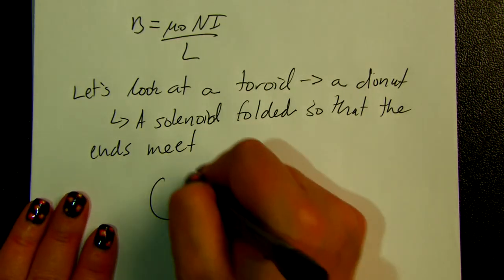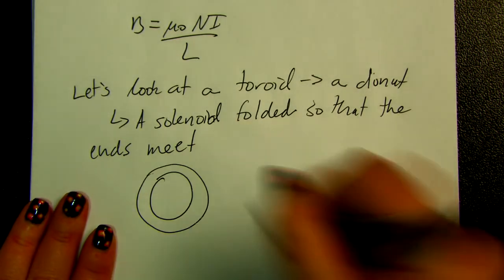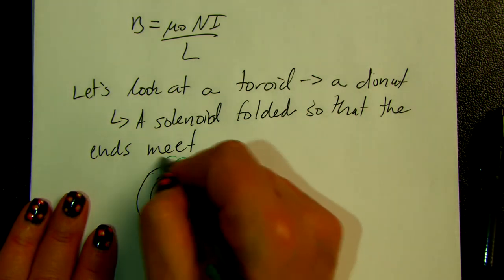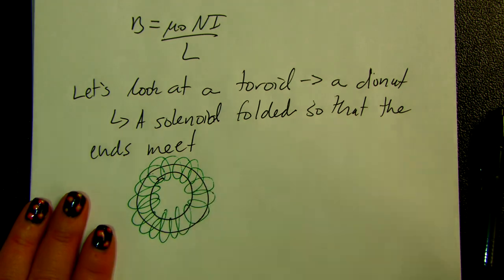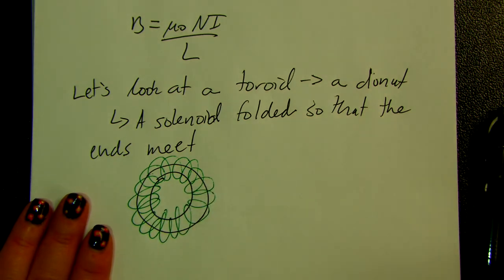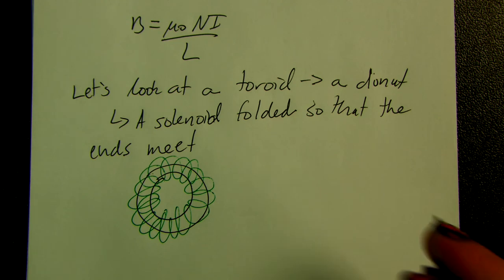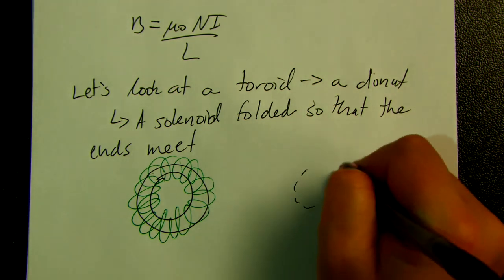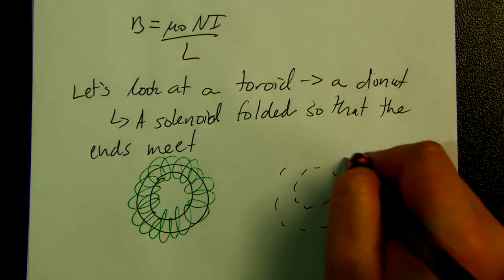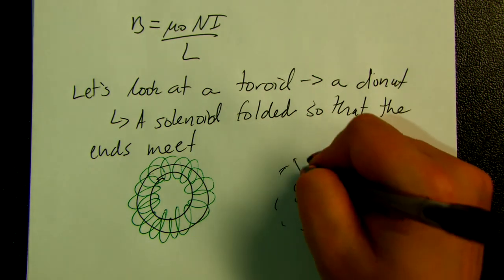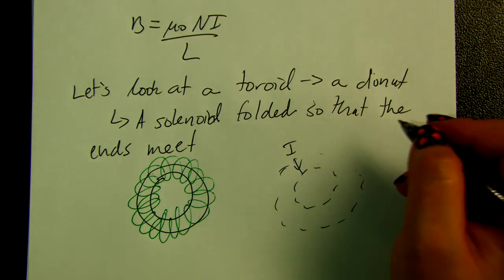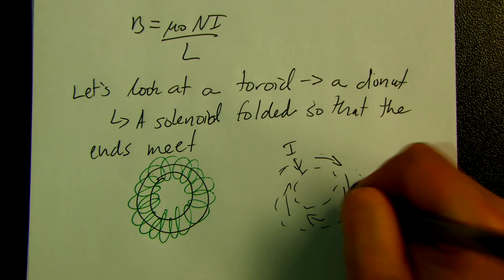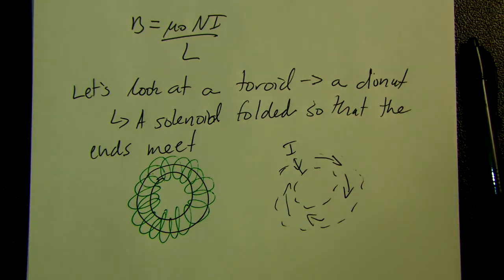And then you have all these loops of wire, which would of course be much, much closer. Okay, so if we were to look at a little cross section, we're going to see for each one of those loops, you would have some I that would be piercing it. And you've got the magnetic field going around from the torus.